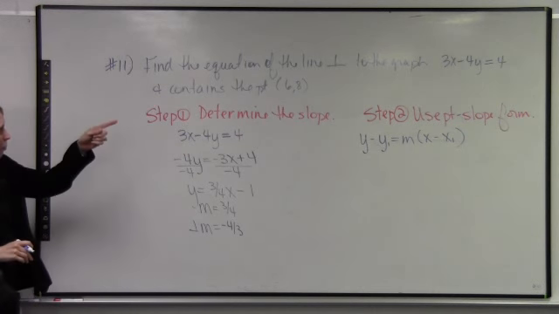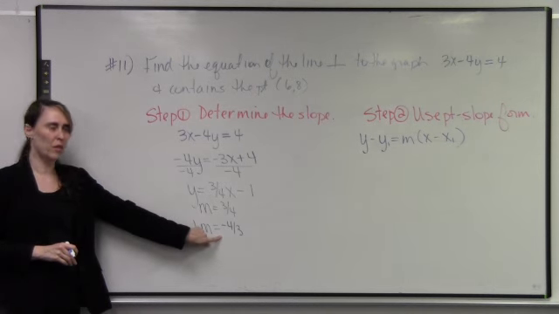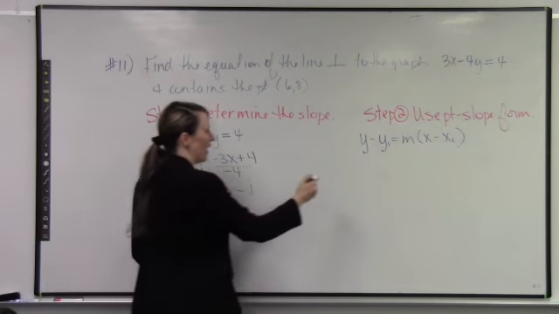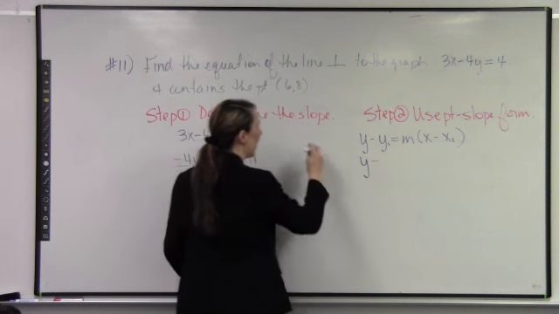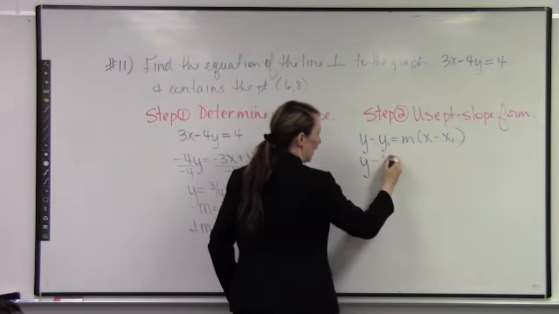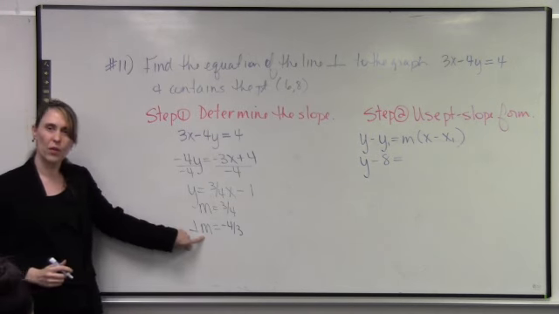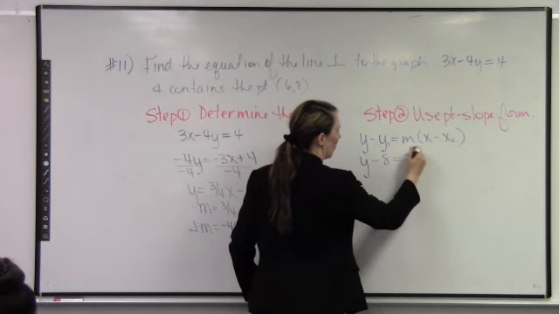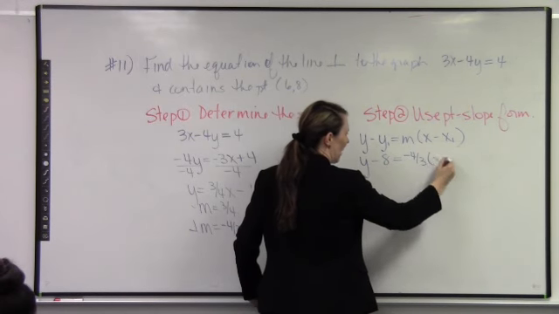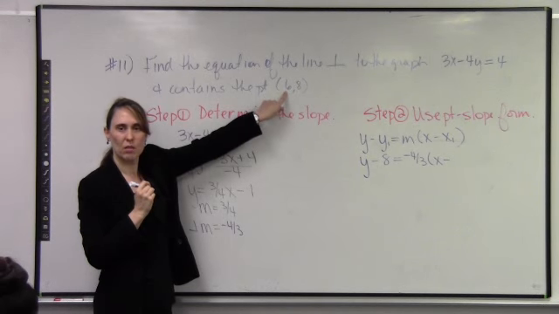They gave me the point, I now have the slope, so we're just going to plug in that information. So we have y minus my y value, which is 8, equaling, what's the new slope? Negative 4/3, I have to use it, times x minus my x value, which is 6.